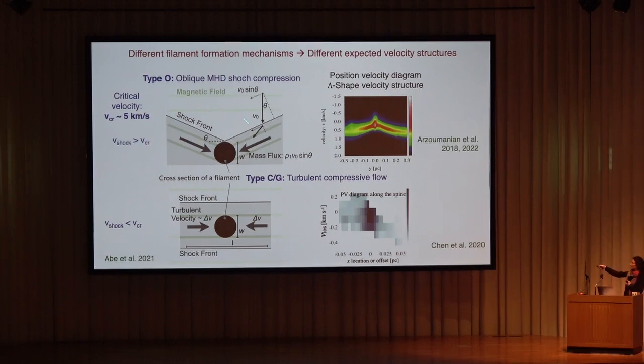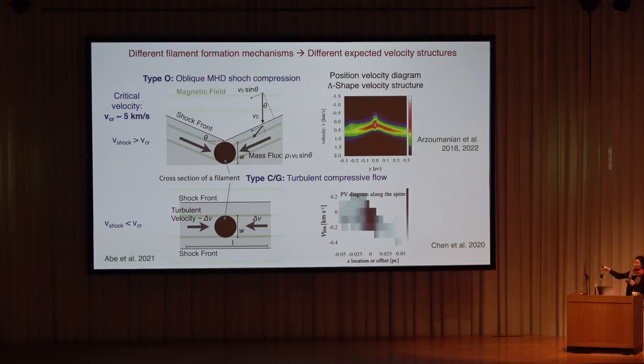For type O filament formation, when the shock velocity is very strong, you form a bent sheet from which the flow forms the filament, and this kind of formation mechanism expects a velocity structure, which is shown by this V-shaped velocity structure on this position-velocity diagram.